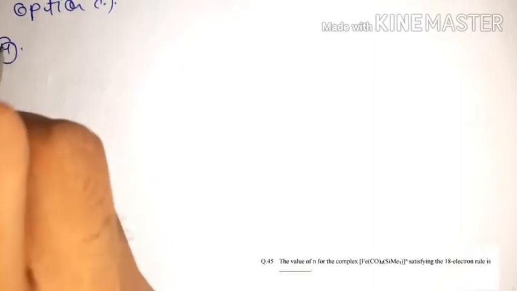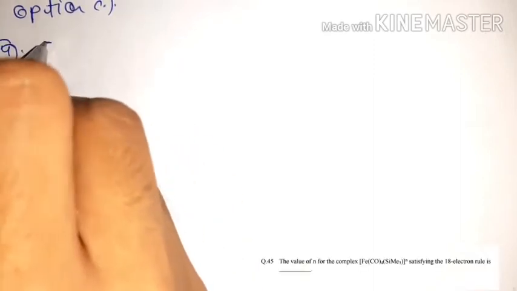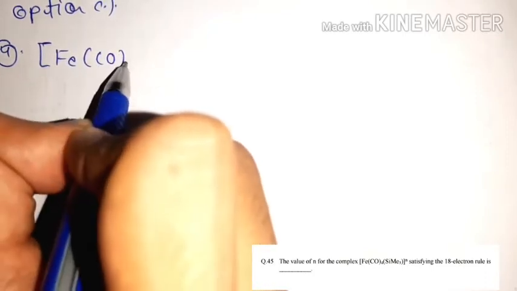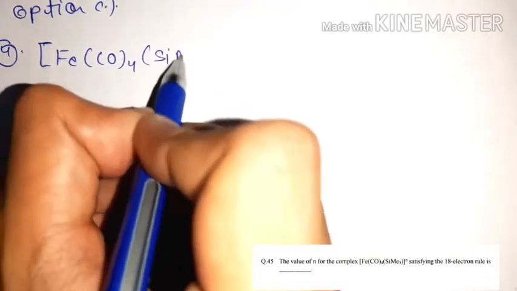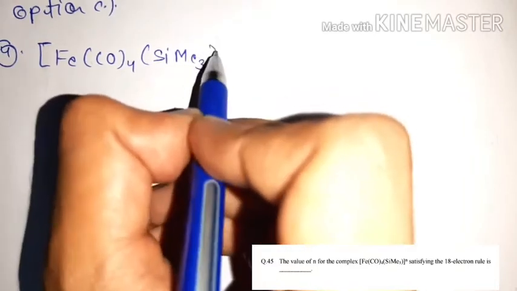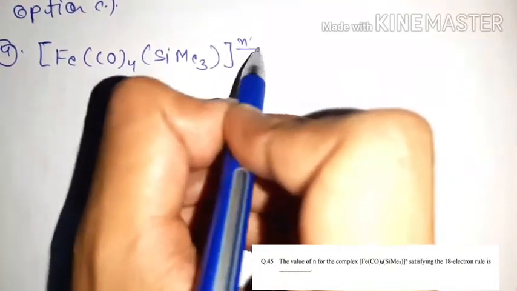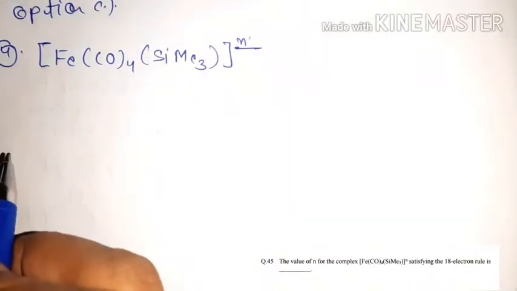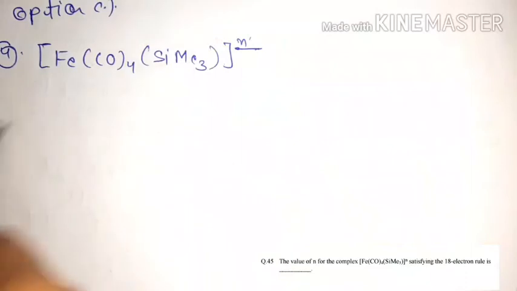See, we have a complex that is [Fe(CO)4(SiMe3)] to the power n. So here you can find the valency of the complex, that is, n is the valency of the complex.